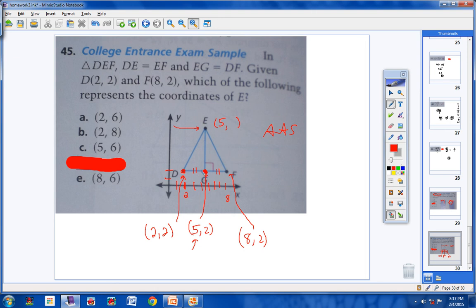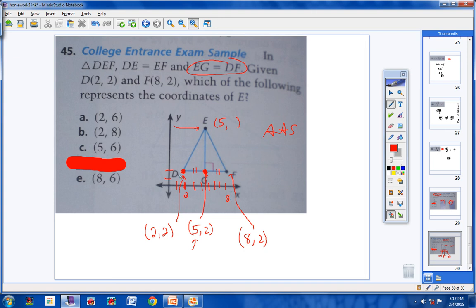Well, I can do that. Look at this. EG equals DF. Here's EG right here. Here's DF right here. They're equal. How far across is DF? 6. How did I know it was 6? I counted. This point here was at 2, and it went over to 8. So from 2 to 8 is 6.